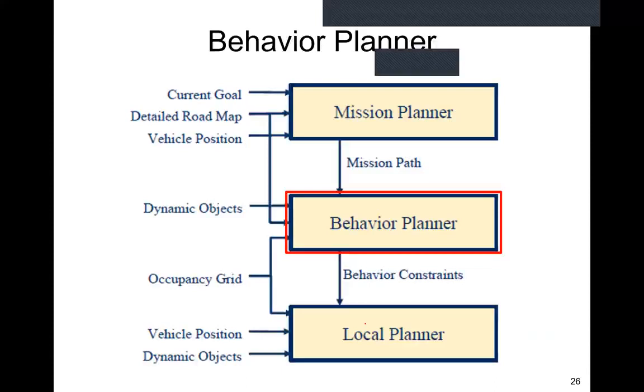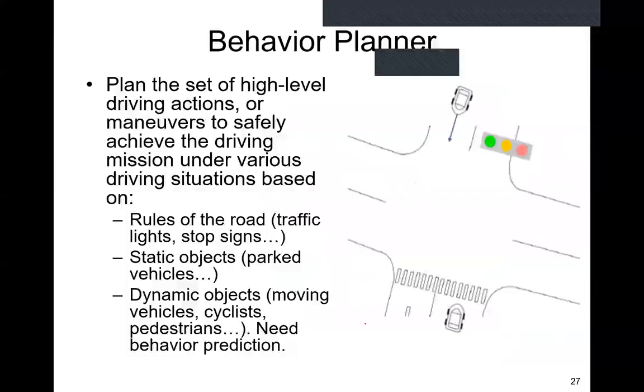Let's move on to the behavior planner. The goal is to plan the set of high-level driving actions or maneuvers to safely achieve the driving mission under various driving situations based on rules of the road, such as traffic lights, stop signs, static objects, parked vehicles, and dynamic objects, such as moving vehicles, cyclists, pedestrians, and so on.